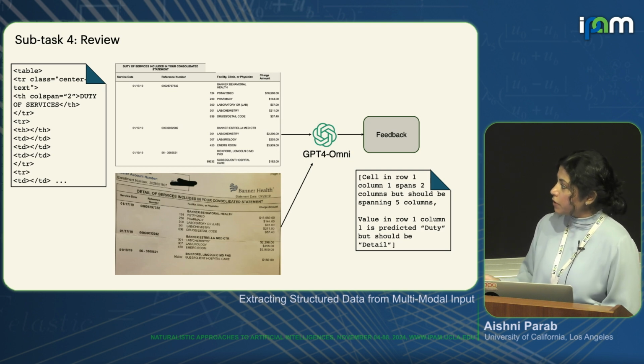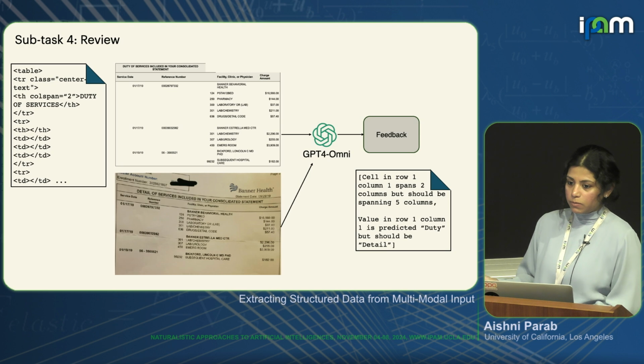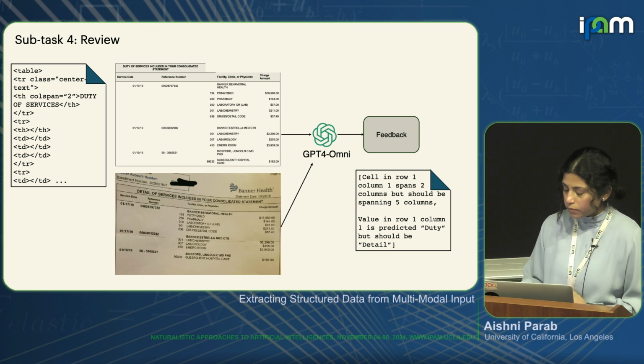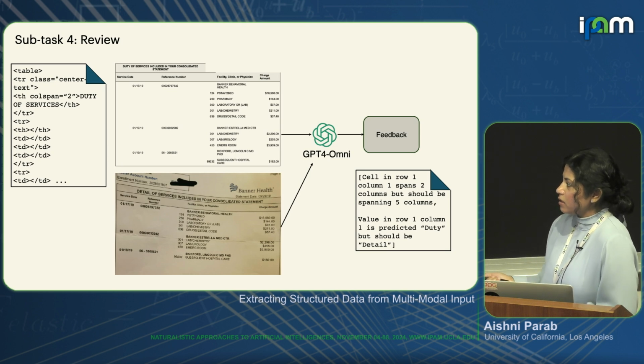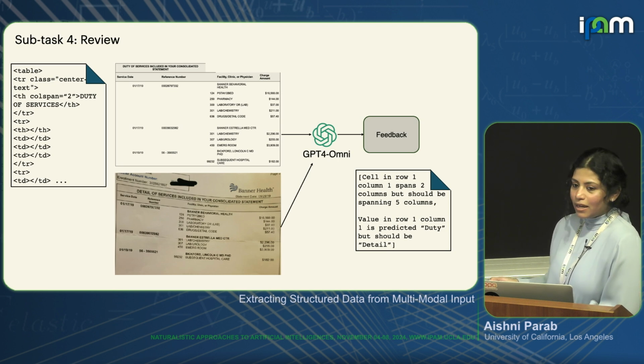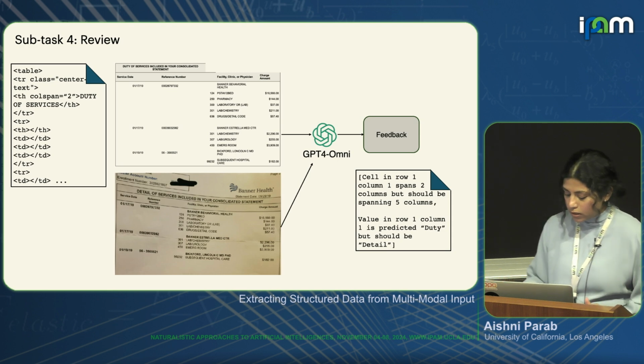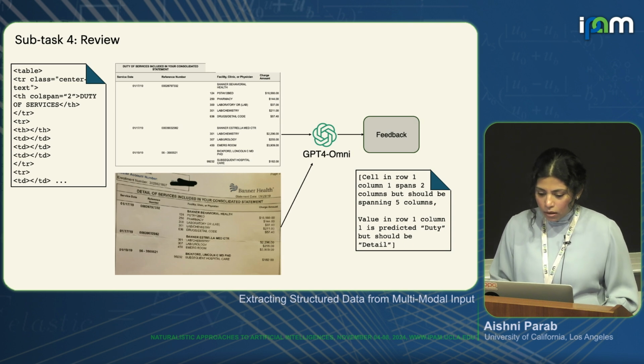For the review step, we asked the model to take a look at the rendered image and the ground truth image and provide feedback on what might be the different errors that the model was making in this step. What we found in this process was that sometimes the model would hallucinate on what the feedback should be. Even when there were no errors, it would try to hallucinate some errors.